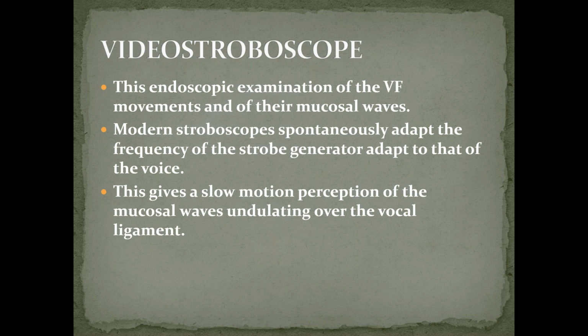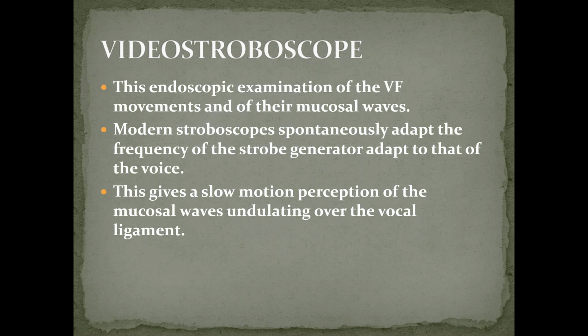How will you examine the larynx to know the exact pathology? Usually in OPD in our department, we do video laryngoscopy, that is rigid video laryngoscopy. There is one more instrument, the stroboscope, so that you can see the minute details of the vocal cords. This is the video stroboscope.